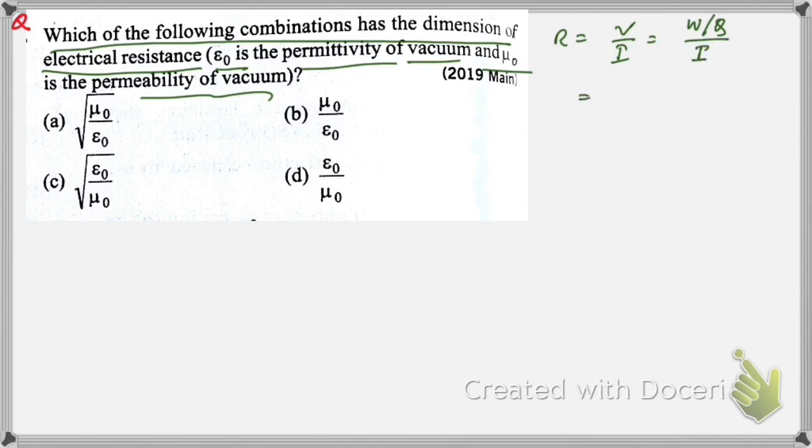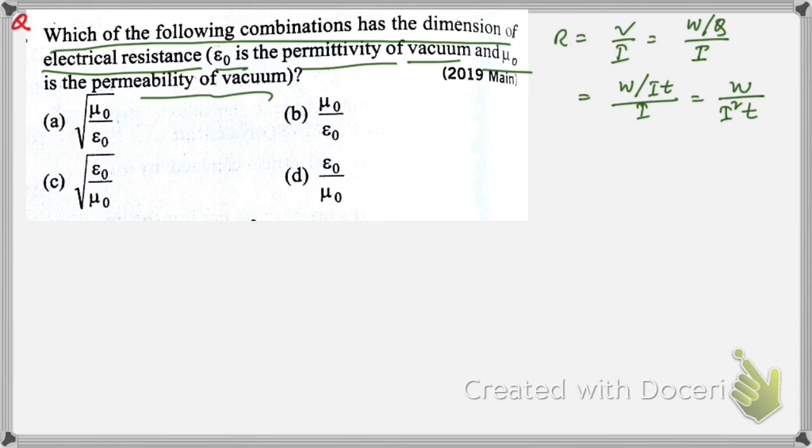Then again Q is equal to I into T, because I is equal to Q by T. So that's going to give you W by I square into T, right? That's what we're going to get.